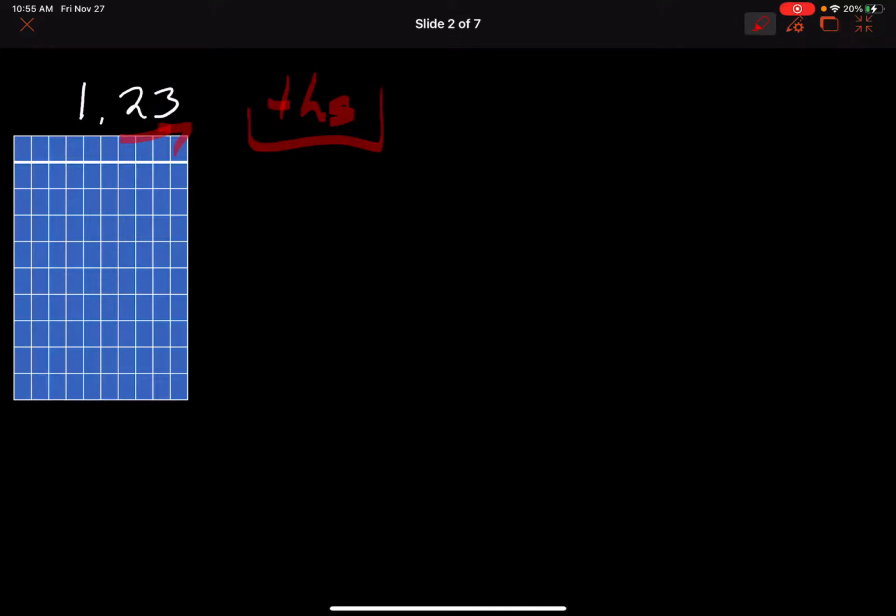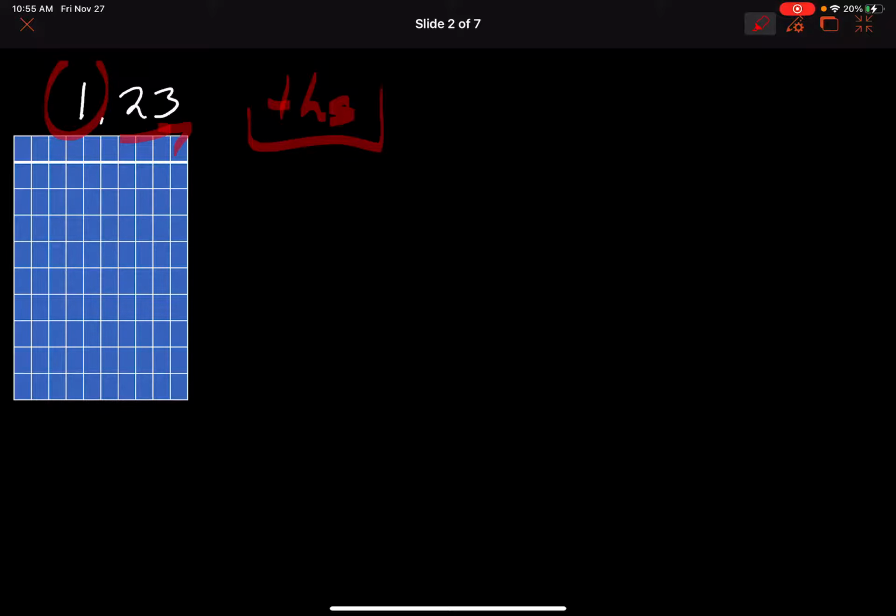Okay, so I have 1 and 23 hundredths. Remembering that anything on this side is going to have that named after it, on that side of the decimal. Now, if I was going to represent this visually, I have a hundreds chart here. That is going to represent the one whole, just like it would as a fraction.